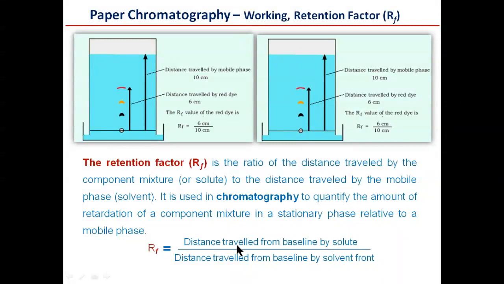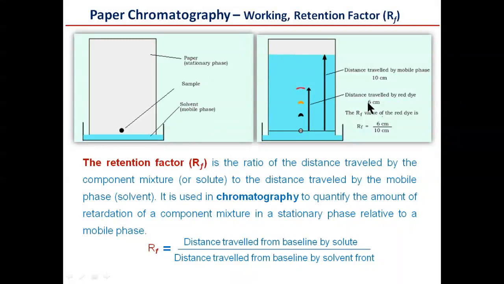So first, the distance traveled from the baseline by the solute, or the red dye, is 6 centimeters. So here is 6 centimeters, and next the distance traveled from the baseline by the solvent front, or the mobile phase, is 10 centimeters here.